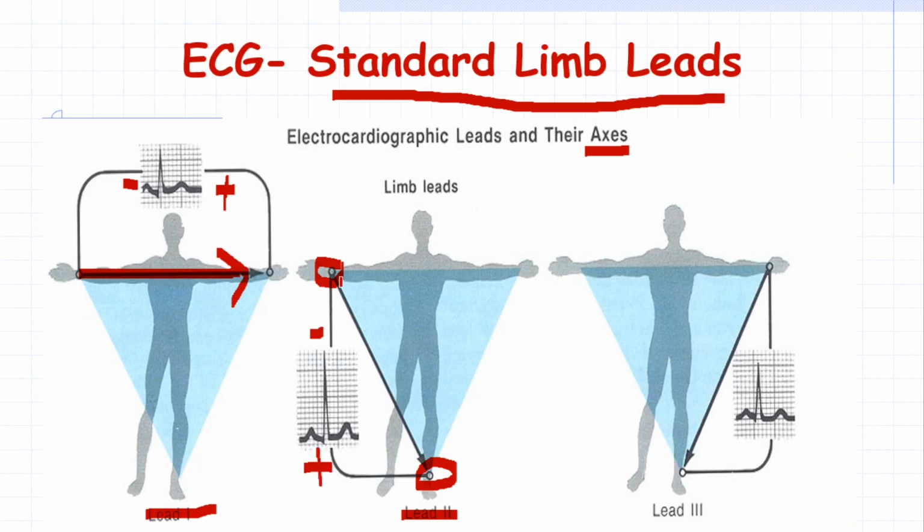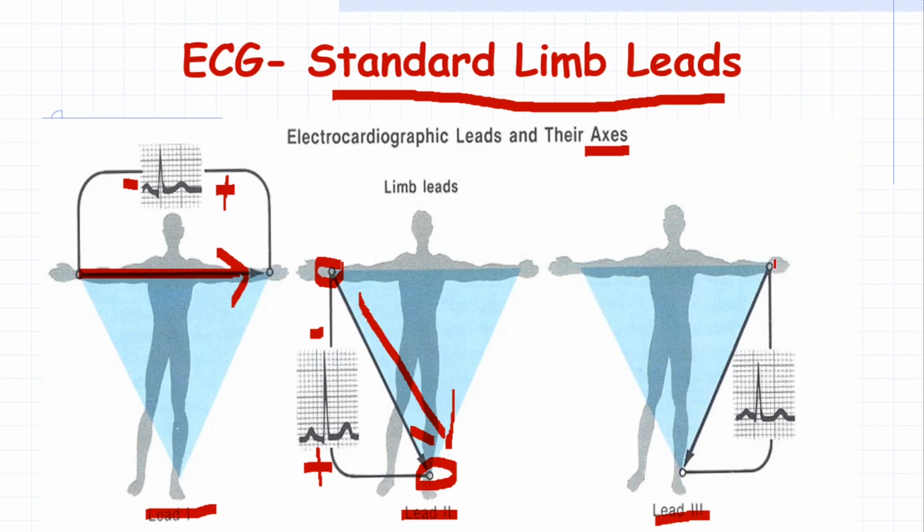If you join these two points, the right arm and left foot, you will get the axis of this lead, that is pointing down at a 60 degree angle. Now the last one in the bipolar limb leads is lead 3, where the two active electrodes are kept over the left arm and the left foot.